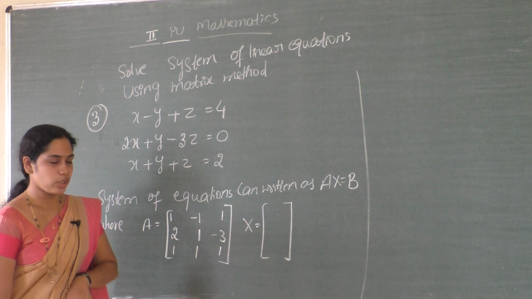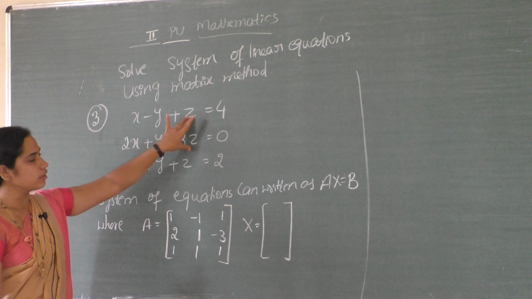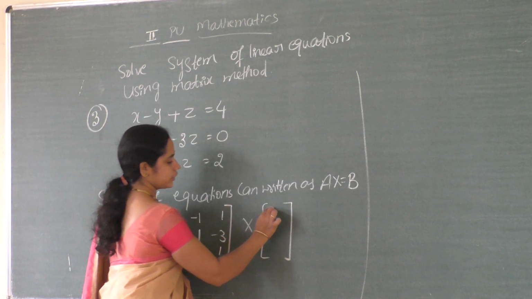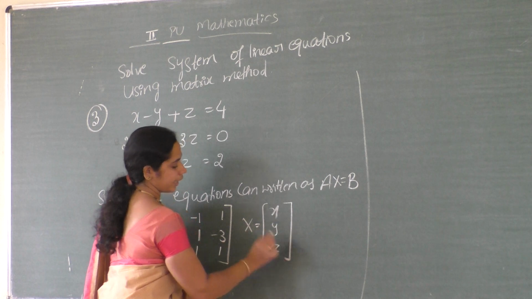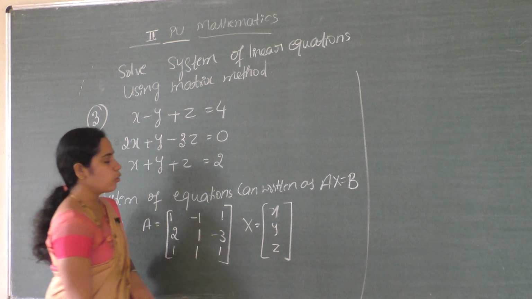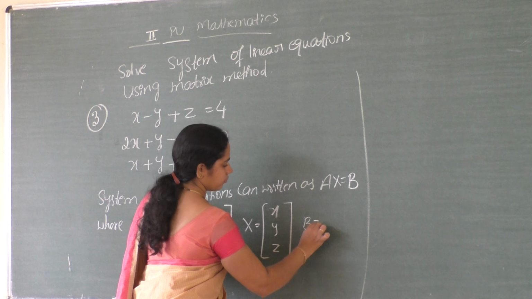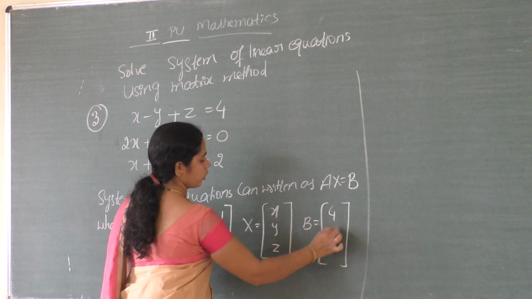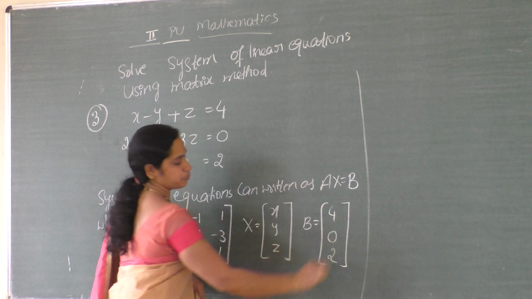These are the unknowns, 3 unknowns, x, y and z, so x is the column x, y, z. b equals 4, 0, 2.